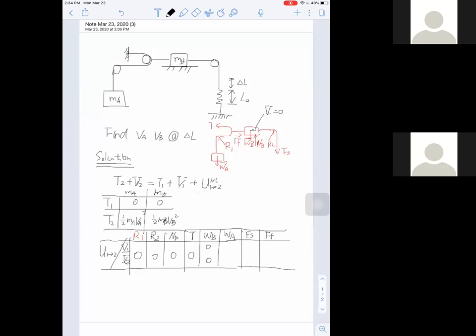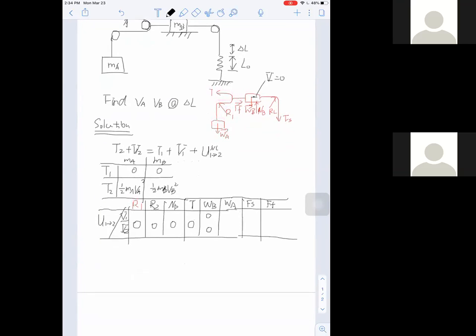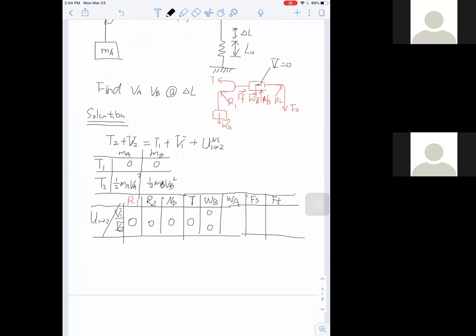So let's first look at WA, the work done by WA. First, this WA is the work done by the weight force, which is a conservative force. Therefore, it can be written as V1 minus V2, right? We can first set up by saying that the zero potential datum for block A is at position 1.